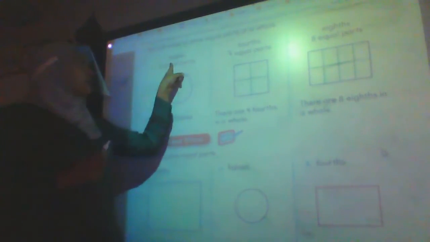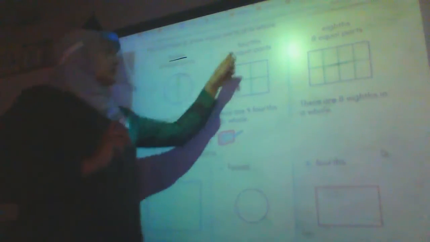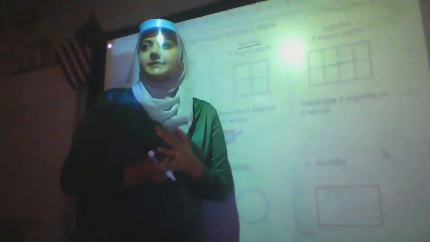So looking at the next page, it says you can draw to show equal parts of a whole. So this is an equal part of a whole because they're cut into halves. It says halves are two equal parts. I want you to take out your highlighter and highlight the word halves. Here it says fourths, 4 equal parts. Highlight the word fourths.